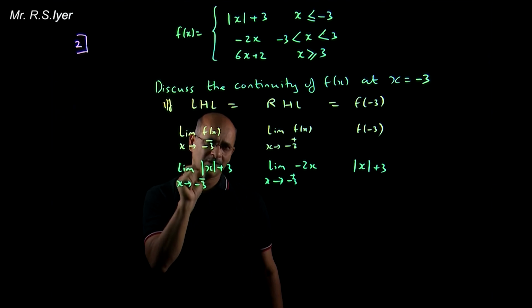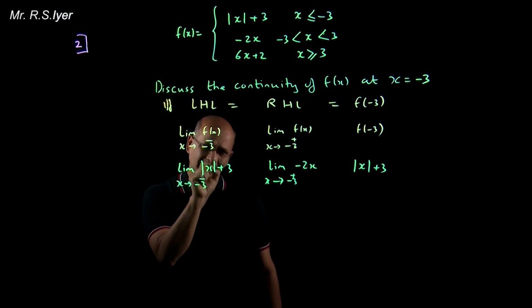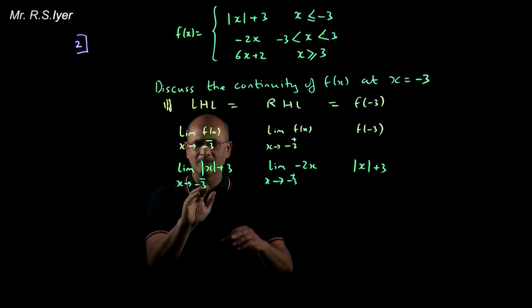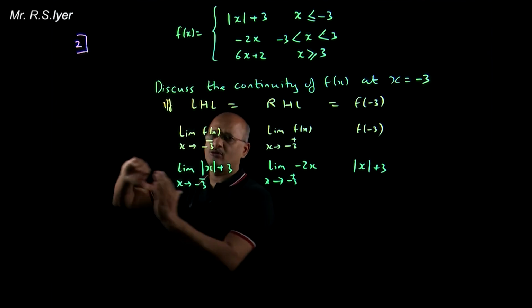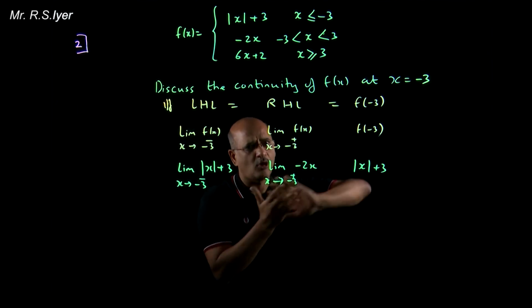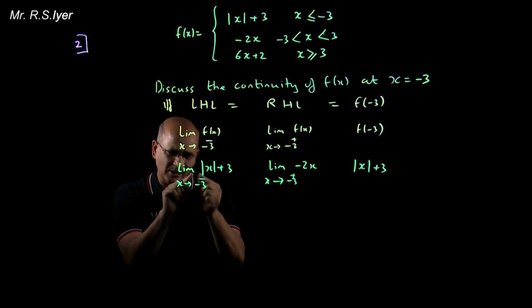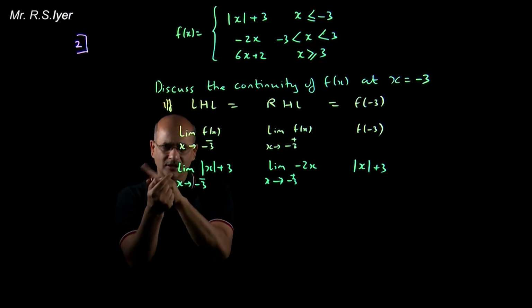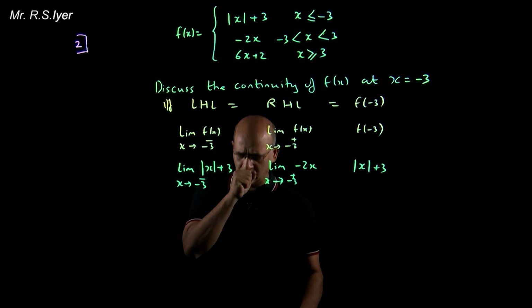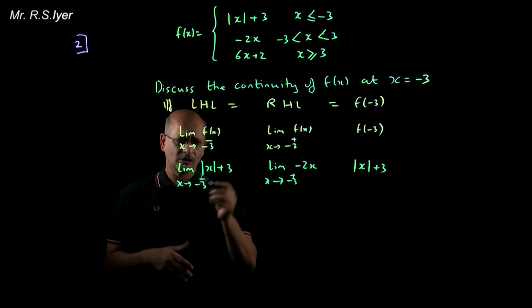You need a specific value for x. -3 minus means all the values less than -3, and -3 plus means all the values greater than -3. But in the vicinity, in the neighborhood of -3, left of -3, excuse me. So let us see this part.